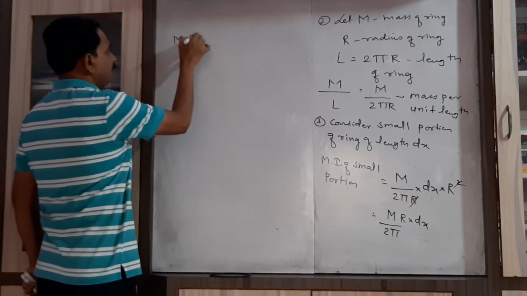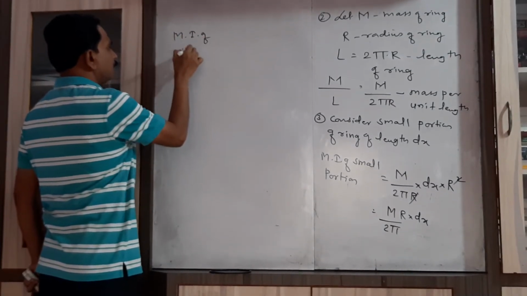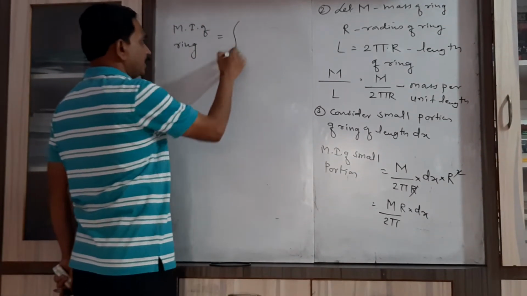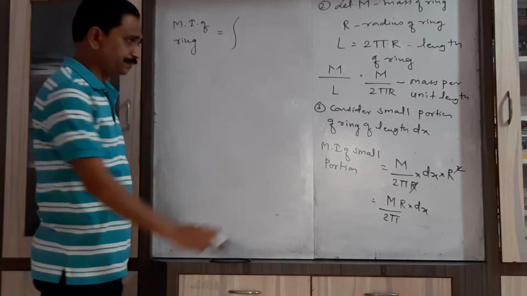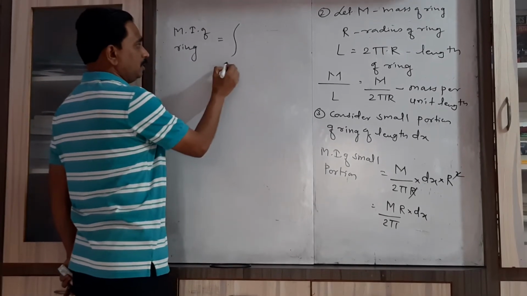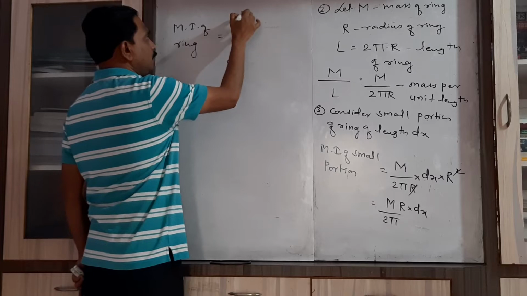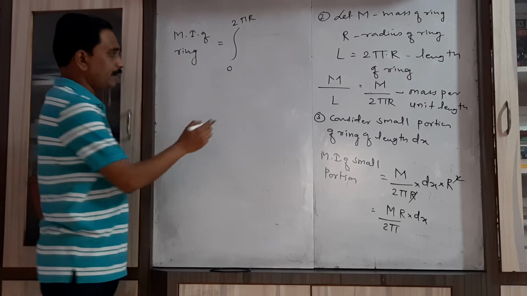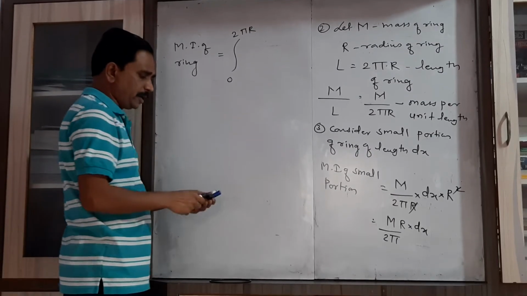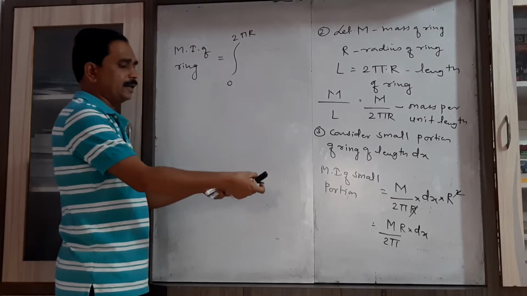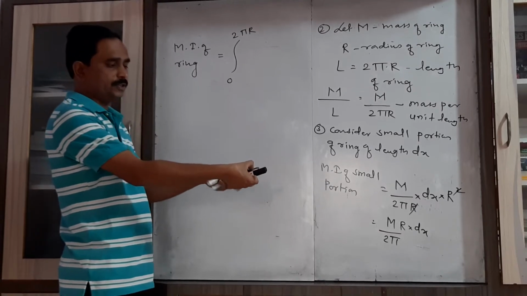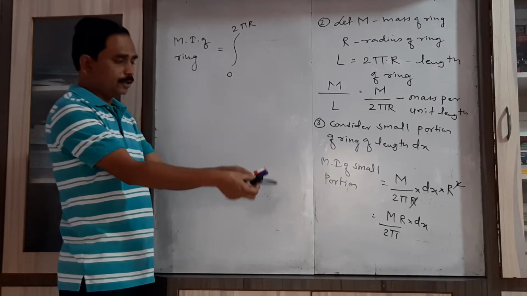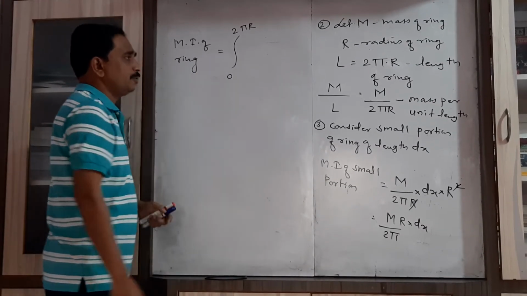Now to find the moment of inertia of a ring, we have to integrate the moment of inertia of that small portion using the limit from 0 to 2 pi r. Why do we take the limit 0 to 2 pi r? Because when we consider this ring, the starting point has the value 0, and when we move along the circumference, the total length of that ring becomes 2 pi r.